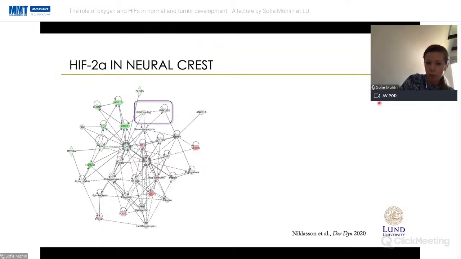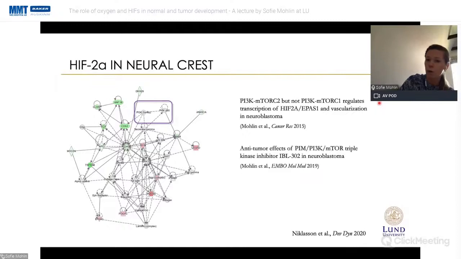And that's, of course, interesting because of what I told you before, and also because we have published 2 papers where, first of all, we show that PI3 kinase, and specifically via mTOR complex 2, regulates transcription, the non-canonical regulation of HIF2, and also that when we use a novel inhibitor inhibiting PI3 kinase together with mTOR and PIM, we see a great effect on tumor growth in neuroblastoma. So this is, of course, quite intriguing.